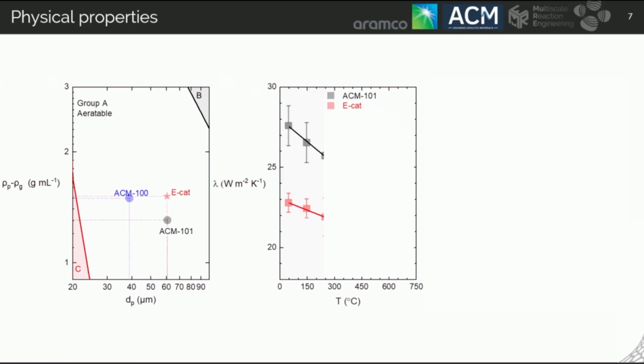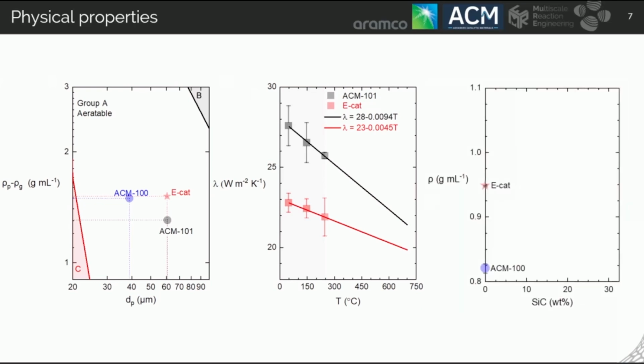But since we have a linear trend, we can extrapolate those trends to our practical temperature in this process. So we can see the effect of adding the silicon carbide nanoparticles on enhancing the thermal conductivity of our catalyst.